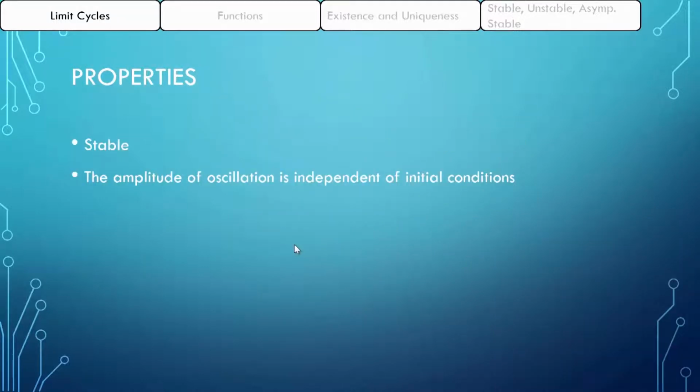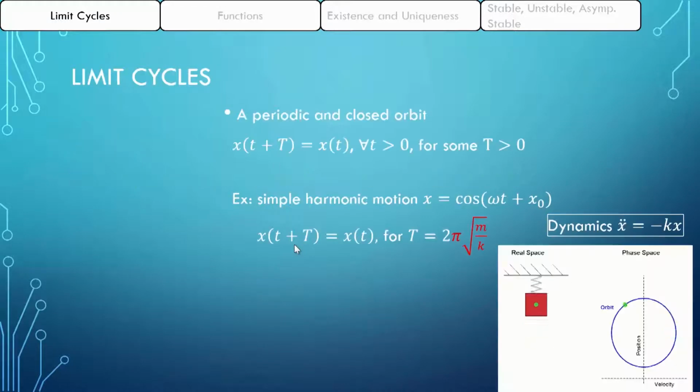So we want to see how you define whether this is stable or not. And usually the amplitude of this oscillation is independent of initial conditions. For example, no matter where you release, eventually you will oscillate with this amplitude, right?